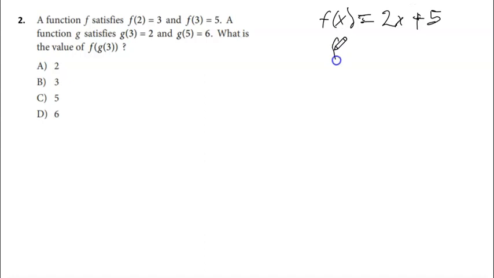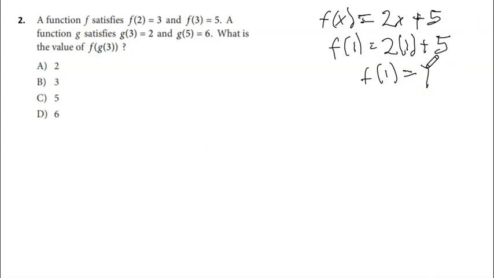So let's say if you put f of 1 here, it means every x you see on the right hand side becomes 1. So this will become 2 times 1 plus 5. So when you say f of 1 equals 7, that's basically how they arrived at it.